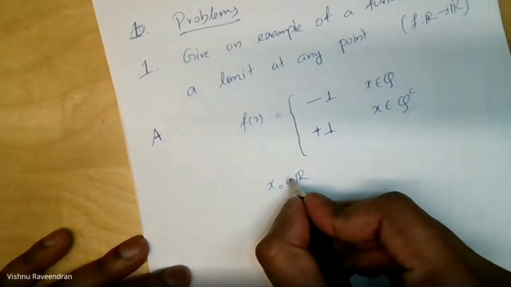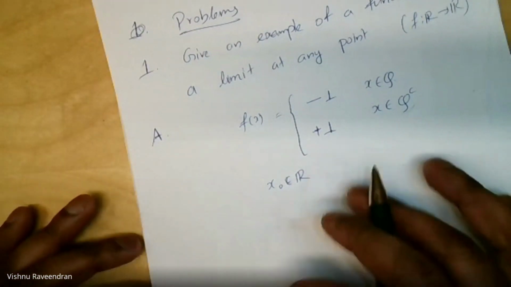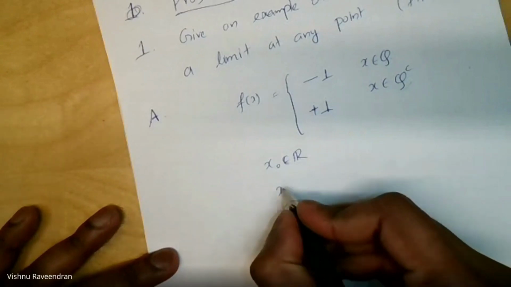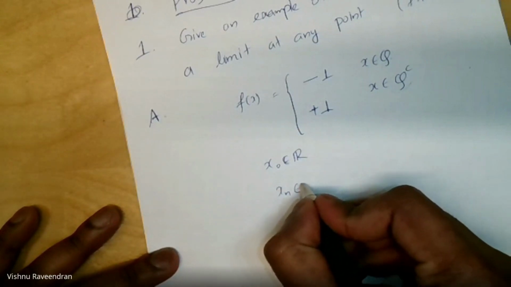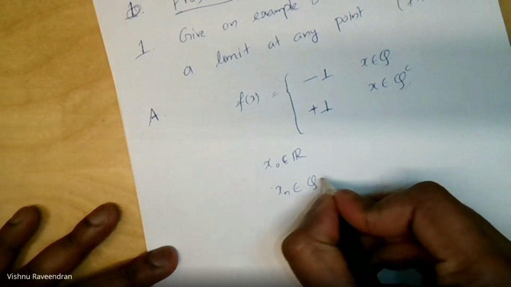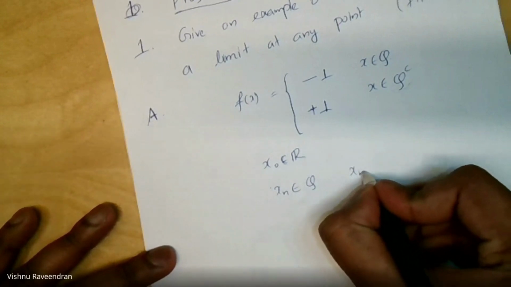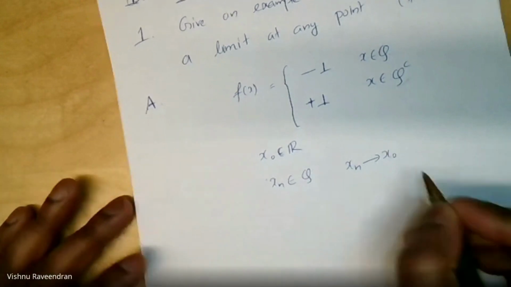So we took an x naught in R, and we can always find a sequence xn of rational numbers such that xn converges to x naught.